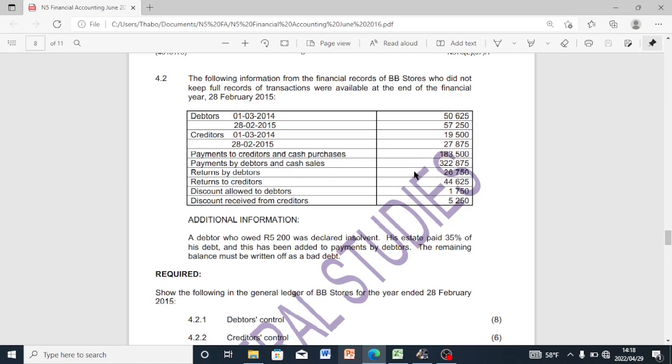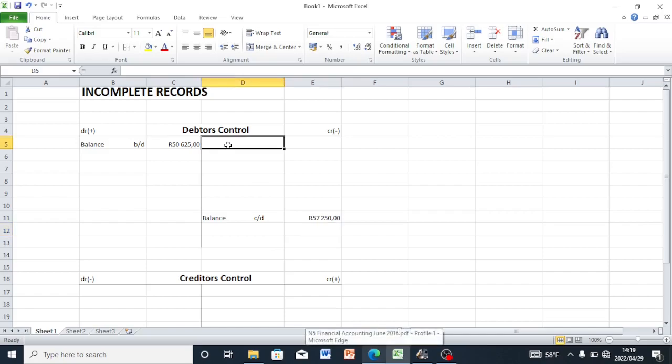It's 322,875. So by the look of things, we can't differentiate between the debtors and cash sales. We don't know how much is the amount for cash sales and how much is the amount for the payment by debtors. So we are going to record it as it is under our debtors control. 322,875 is going to be recorded on our credit side. Why?